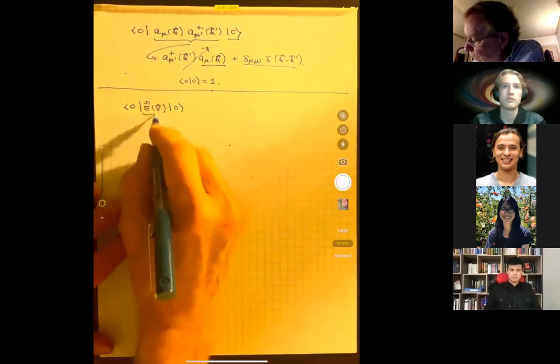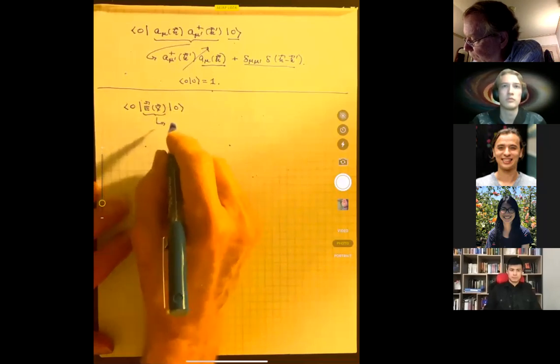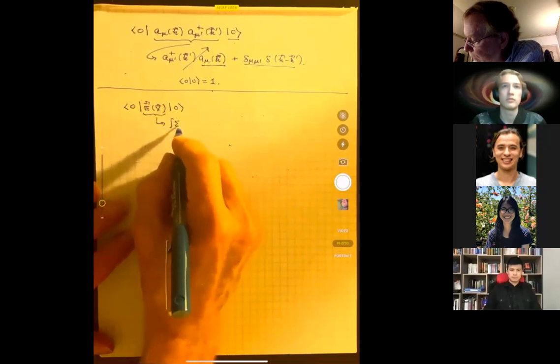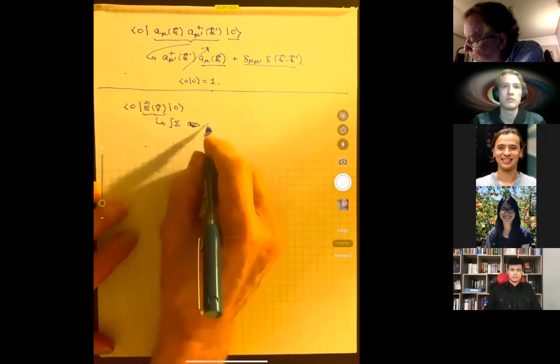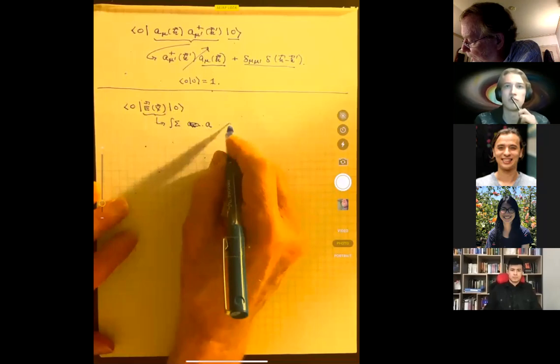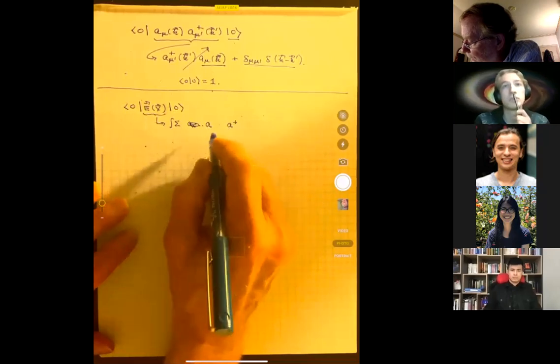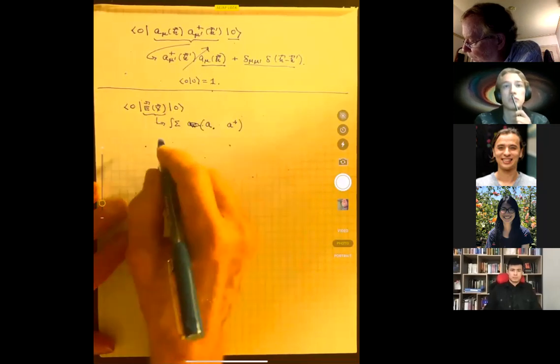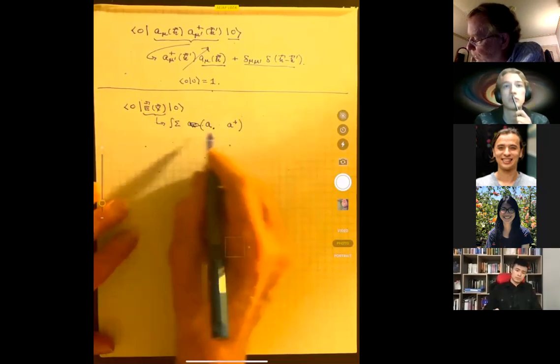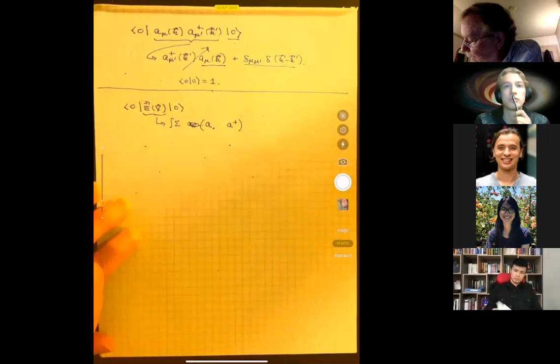The electric field is a rather complicated series, but it involves integrals and sums. Basically, what you're integrating and summing is a's and a daggers, with k and mu like this. I'll leave that off, but that's what the electric field is, a sum of that type.